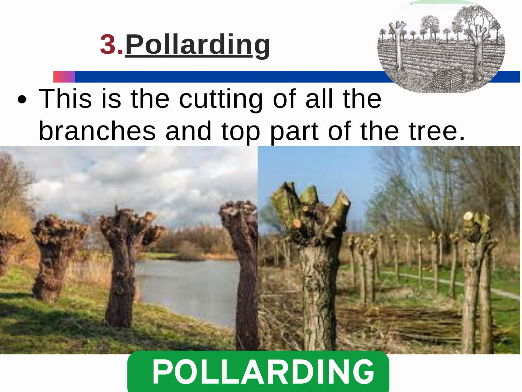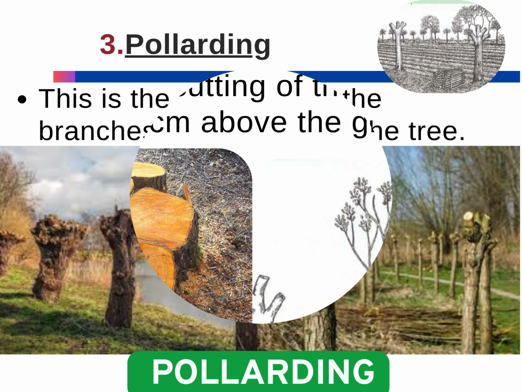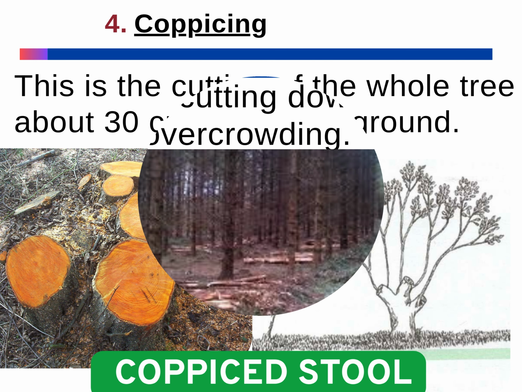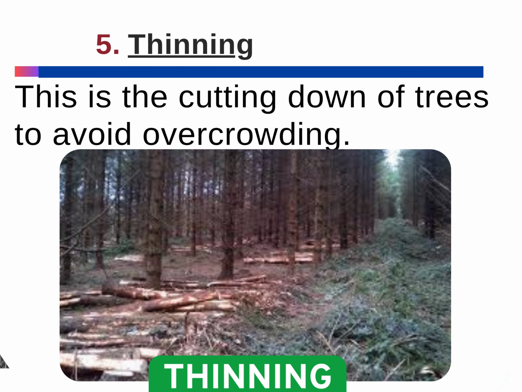This is the cutting of all the branches and top part of the tree. 4. Coppicing. This is the cutting of the whole tree about 30 centimeters above the ground. 5. Thinning. This is the cutting down of trees to avoid overcrowding.